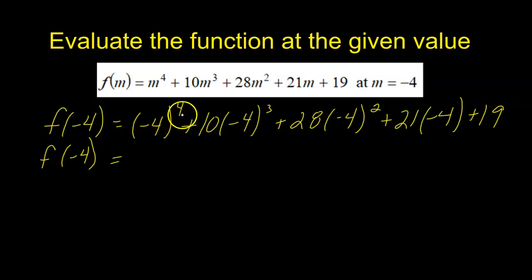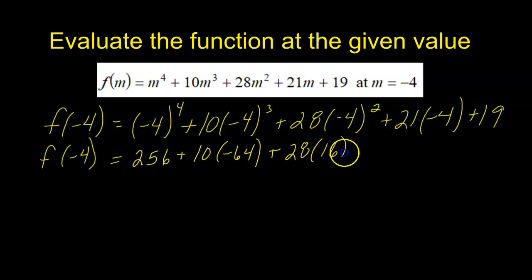Raising -4 to the 4th power, it's going to go to a positive 256. And then if we have -4 to the 3rd power, that's going to be -64. 28 times -4 to the 2nd power, so that's going to be 28 times 16. 21 times -4 will give me a -84, so I'm just going to make this a minus here, plus 19.